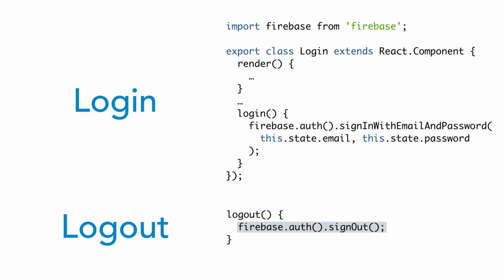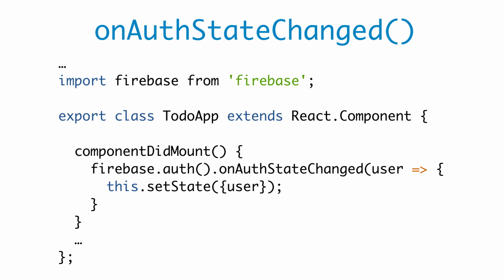So the way in which the Firebase docs encourage you to do authentication is to use a method called onAuthStateChanged, and it's the one place in your application where you register for a callback, and that callback will get called with a user when the authentication state of the application changes.